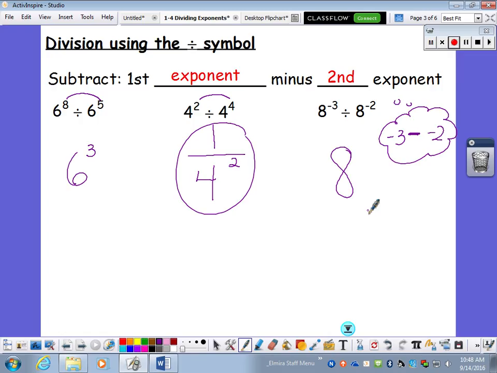So if that's hard for you, if you're not sure it should be positive or negative, you're not sure it should be a 5 or a 1, I really encourage you to type it in the calculator to get the right answer. Okay?